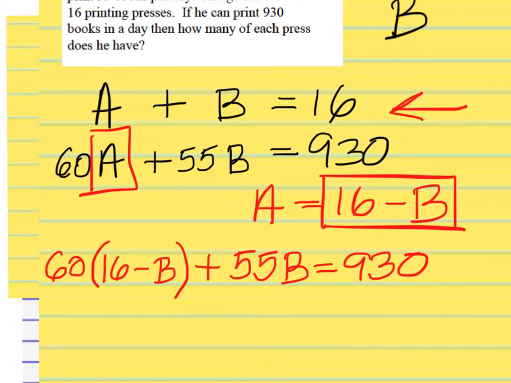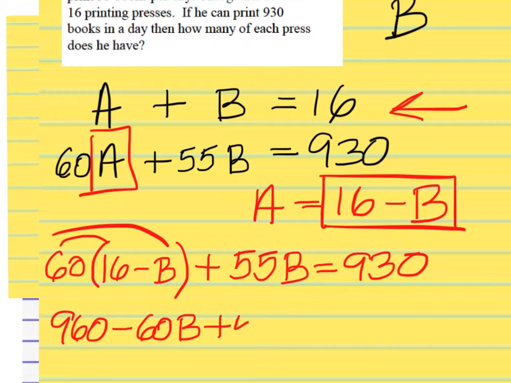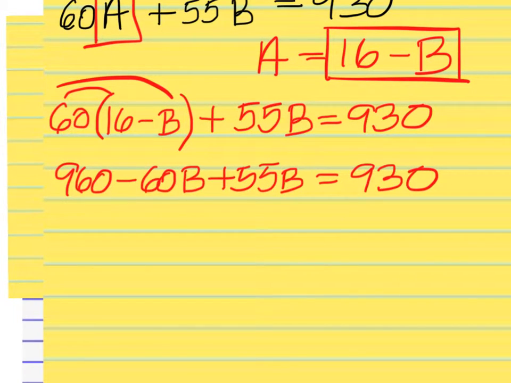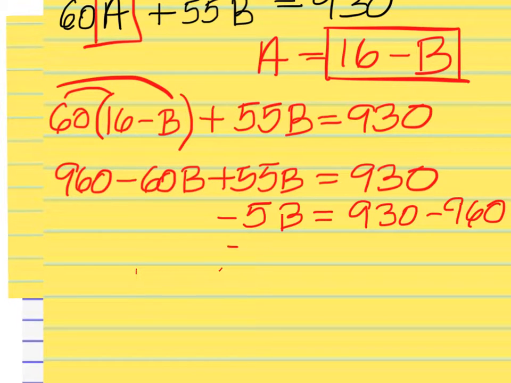And now distribute the 60 through the parentheses to come up with 960 minus 60B plus 55B equals 930. Your B's, simplify those. Minus 60B plus 55B is negative 5B. And then you need 930 minus 960. 930 minus 960 is negative 30.